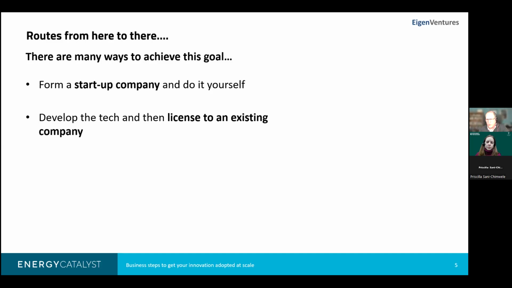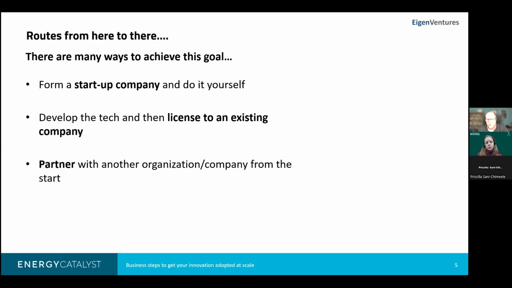You could develop the technology within the university with partners and then license to an existing company. So you develop the idea to a certain extent, but then you find an existing company who's ready and willing and able to do it. Then you're relying on their expertise, their money, possibly more chances of success, but on the flip side of that, there's less control from your side of things, and to a certain extent, less reward for you as well.